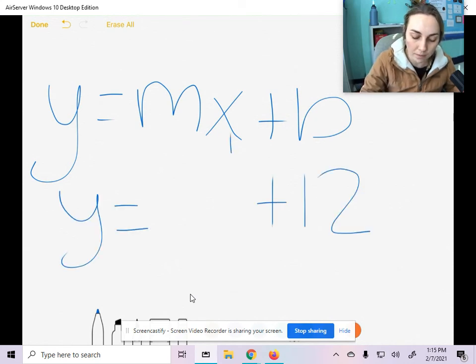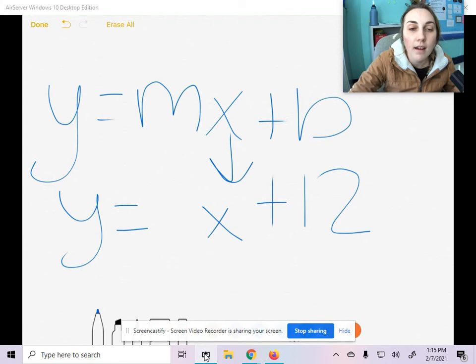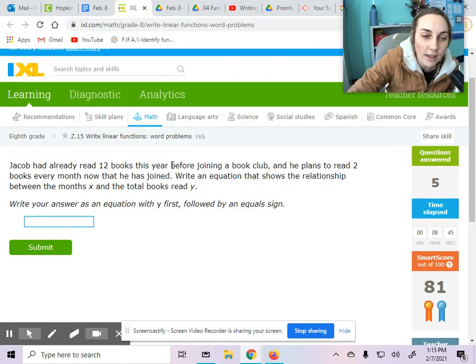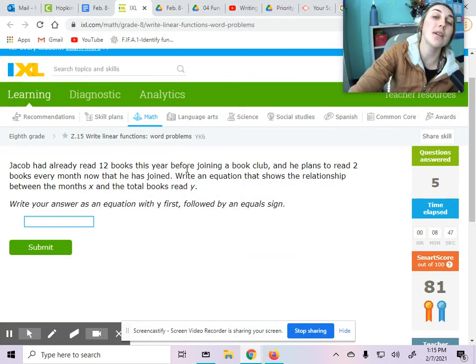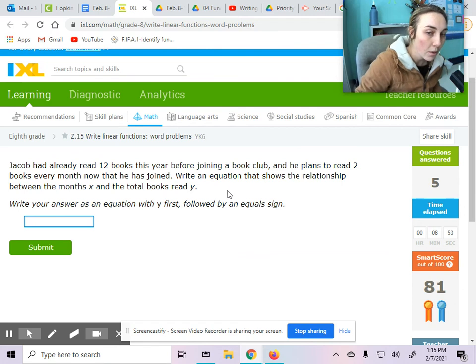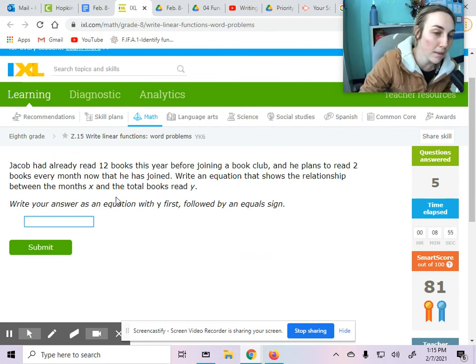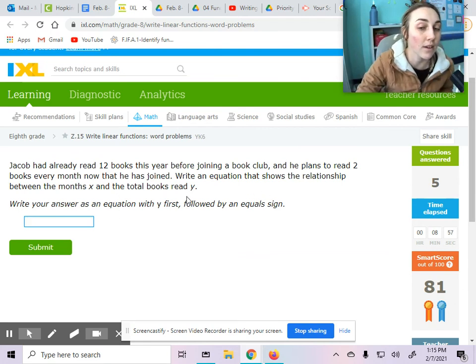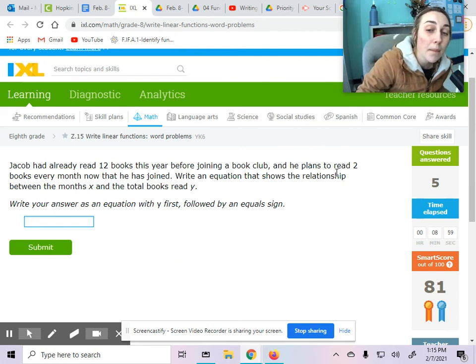Now, let's find our slope. I'm going to bring down this x. It says he read 12 books a year before joining the book club, but then he plans to read 2 books every month now that he's joined. Write an equation that shows the relationship between months x and total books read, which is y. So per 1 month, he's going to read 2 books.